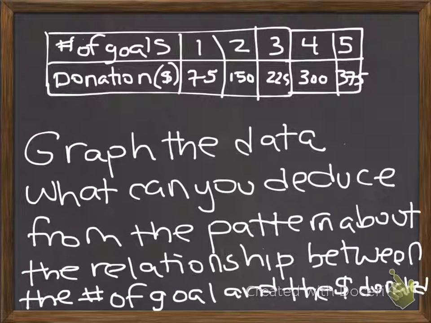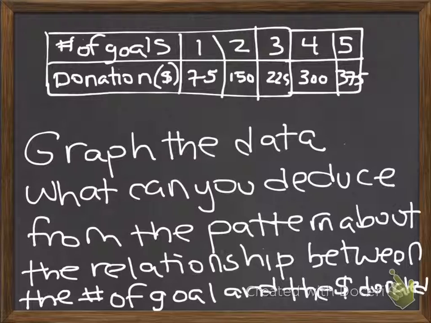The first thing we need to do to determine how to graph the data is figure out which values are our x values and which values are our y values. And we can determine that by figuring out which is the dependent variable. So if you think about the number of goals depending on the donation money, or the donation money depending on the number of goals, well, each goal scored, money's donated.